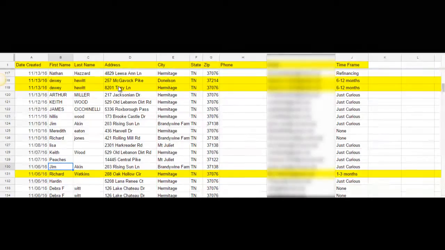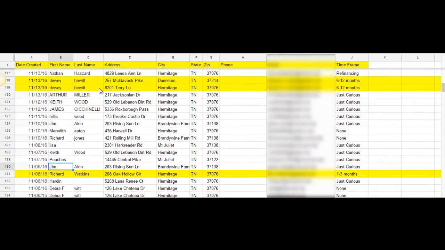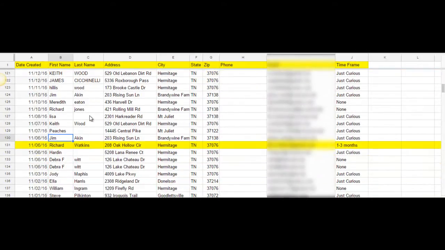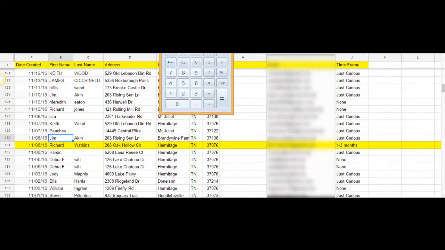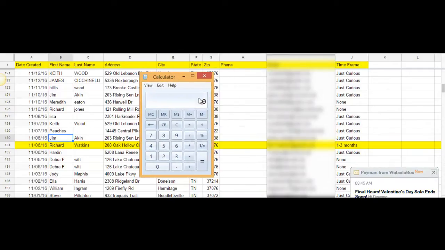And this one was actually a double one. They may have 2 properties. So 17 leads. All right. So out of all the leads that we got, we can tag 17 of them as being a hot lead. So these are ones that actually indicated a time frame.